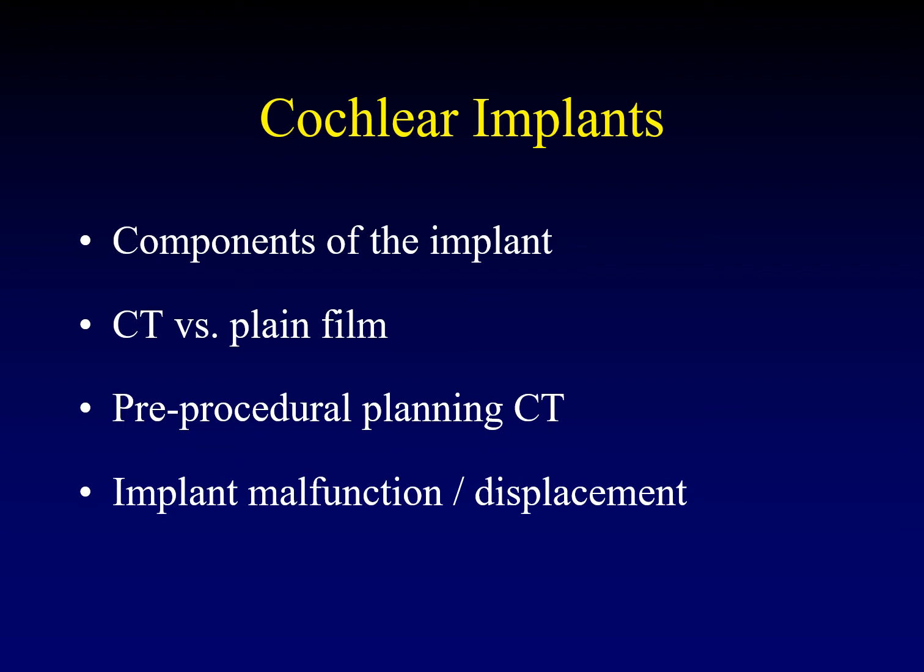Plain film is used predominantly in the operating room to ensure appropriate placement during the surgery. You need to understand what you're looking for in a pre-procedural planning CT, what the relative contraindications to placement of a cochlear implant are. And you need to know the different mechanisms by which the cochlear implant may fail or malfunction in order to identify these radiologically.